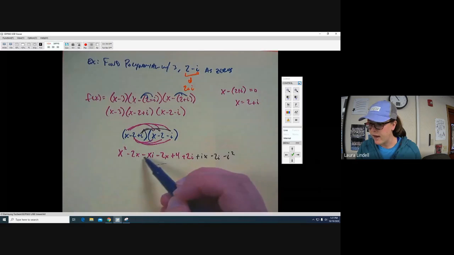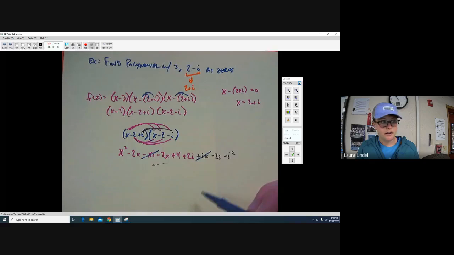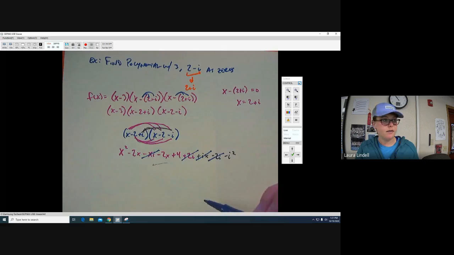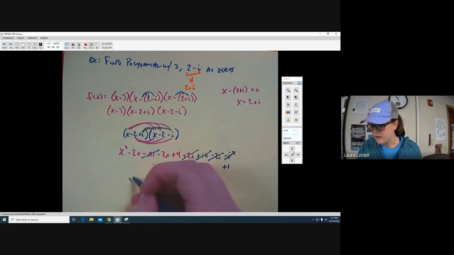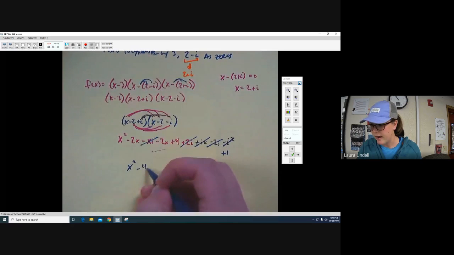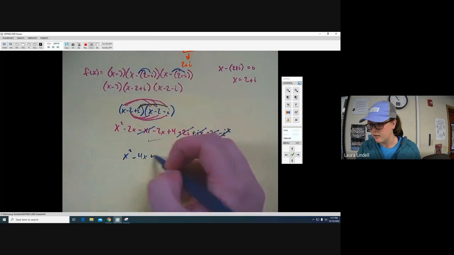So -xi can cancel out with +ix. +2i can cancel out with -2i. And then -i squared becomes -1, which is +1. So we get x squared, and then we have -2x and -2x, which is -4x. And then we have +4 plus 1, which is +5.